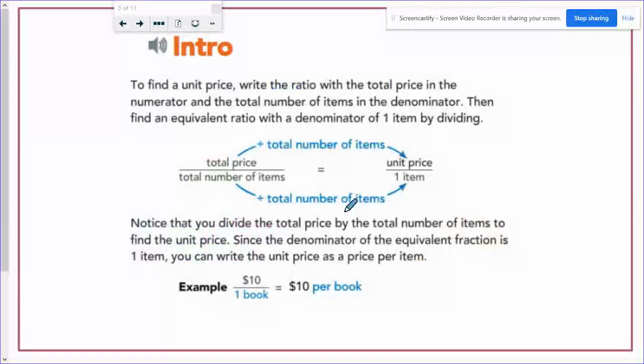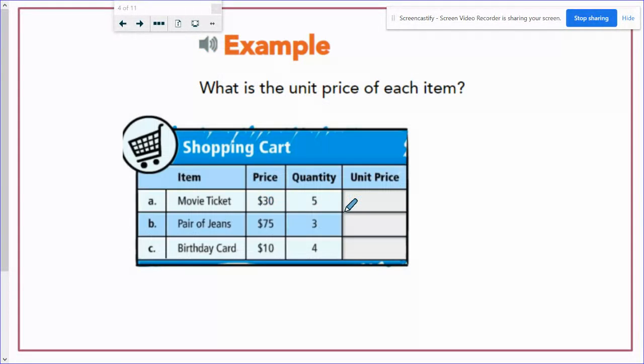The same way as a unit rate, we're going to find a unit price by dividing the price by the number of items, because we want to go from the number of items to one item. So let's look at these here. For instance, if I spent $30 on 5 movie tickets and I want to know the unit price, I want to go to a price of 1 ticket.